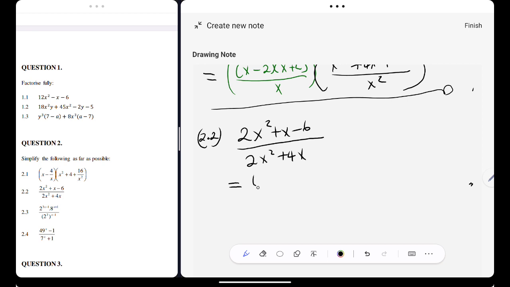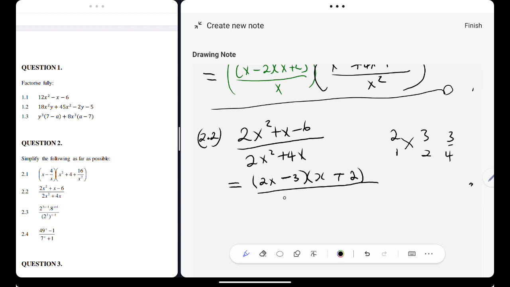Here the factors, it's 2 and 1, 3 and 2. When I multiply, I get 4. Here I'll get 3. When I subtract, I still get 1. So it's 2x and 3, then x and 2. The sign of the middle term will be here, and here to be the alternate sign.